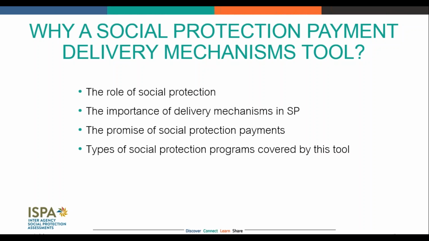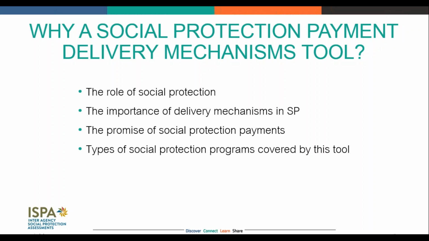And increasingly, in the social protection field, we are paying more and more attention to these types of delivery mechanisms, be they management information systems, be they identification systems so that people can exist in the eyes of the state and receive benefits, or be they payments mechanisms, which is what we're going to be discussing today. And the importance and promise of social protection payments really resides in the fact that they are at the heart of what many of the programs propose to do.